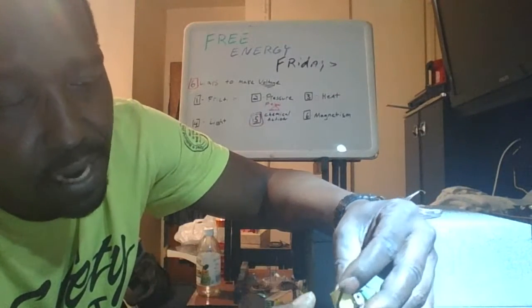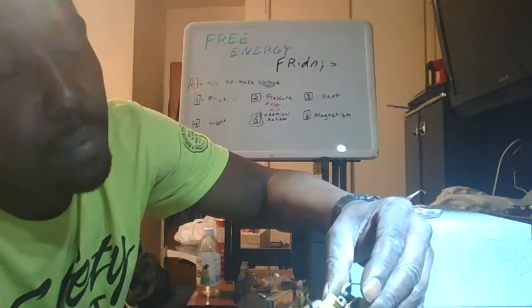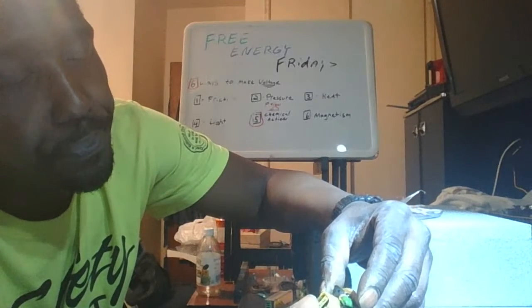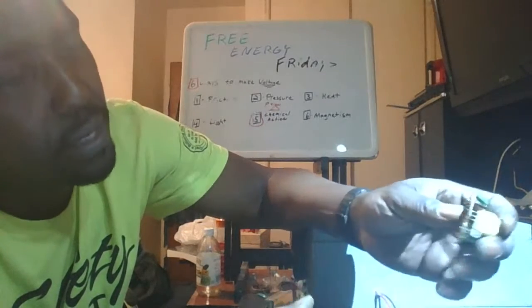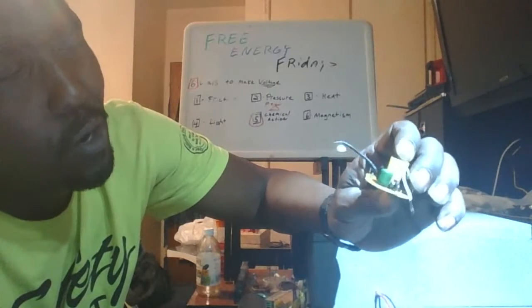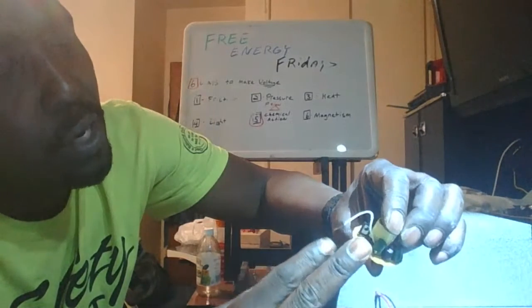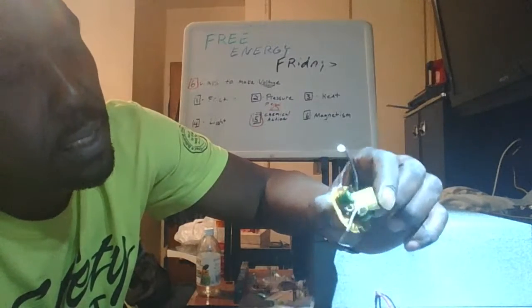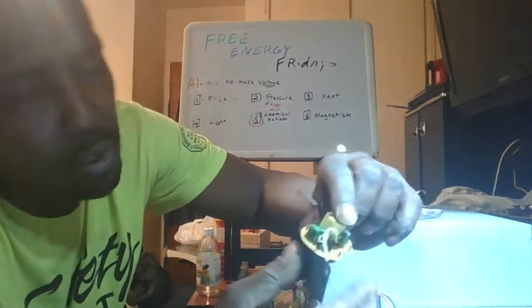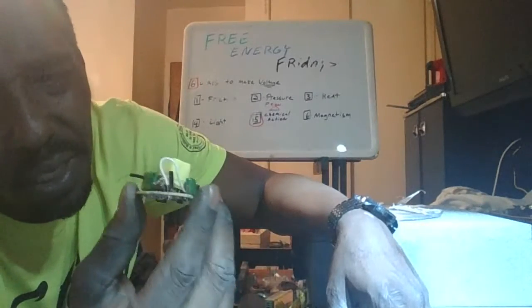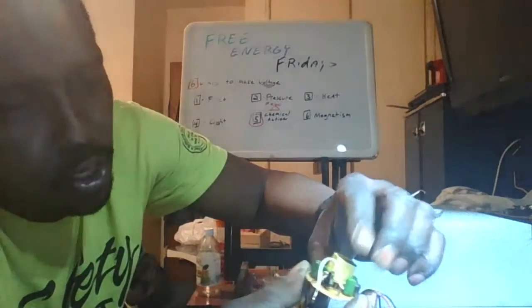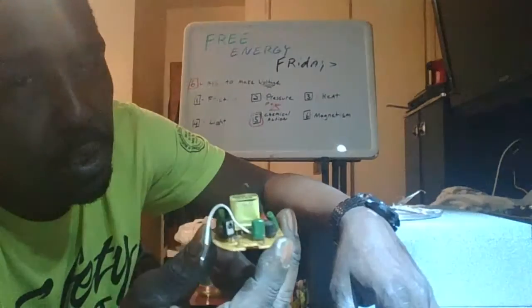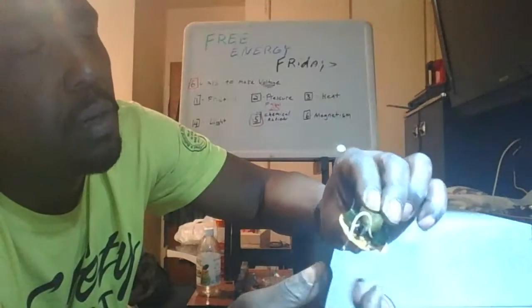So I realized, let me cut this thing open and see what they're using, because I know these lights don't take 110 volts. When I looked at this, I said, let me use this. I started using these in the Mini and the Gary Destroyer. Look how small this is, saves space and all of that.